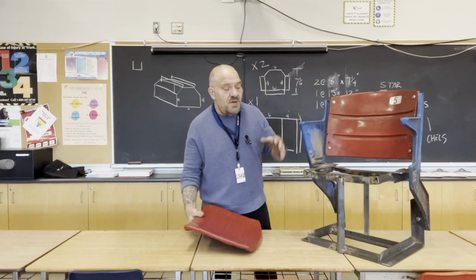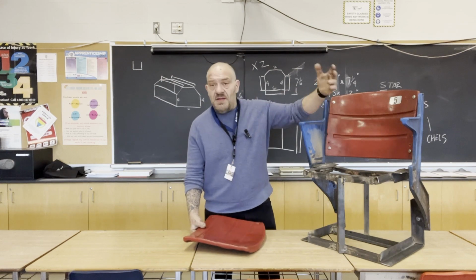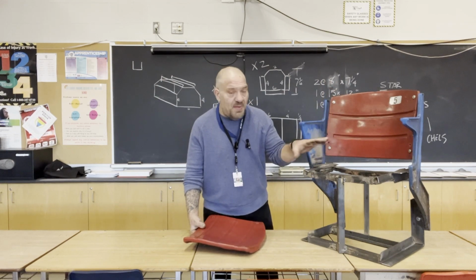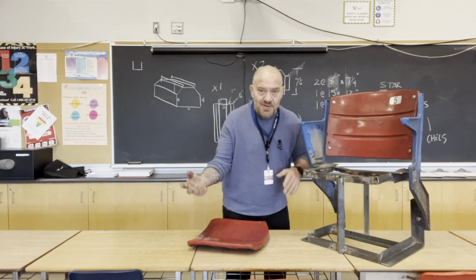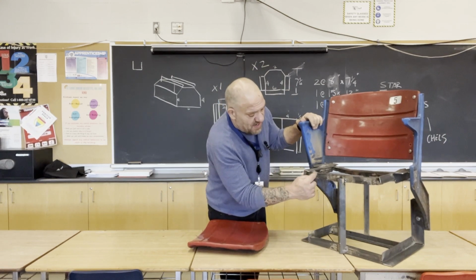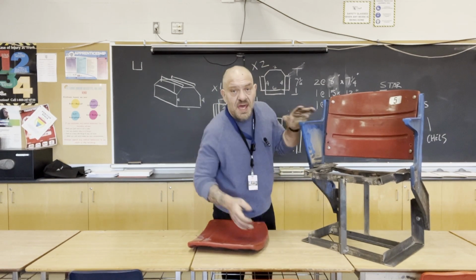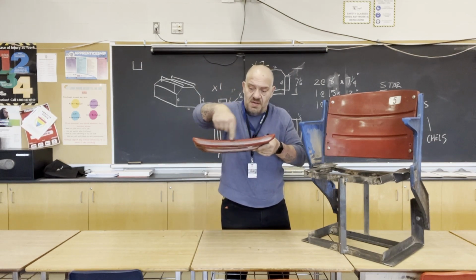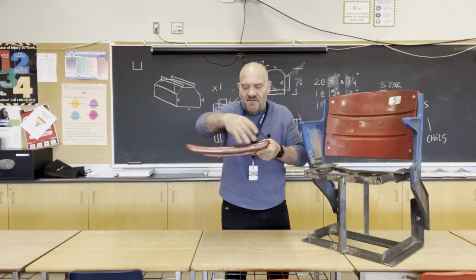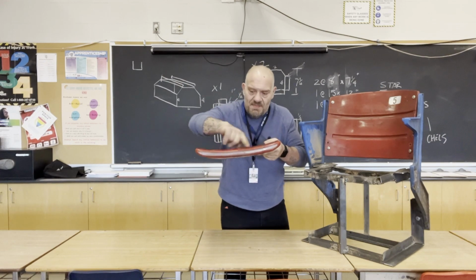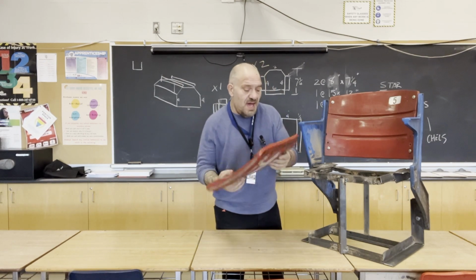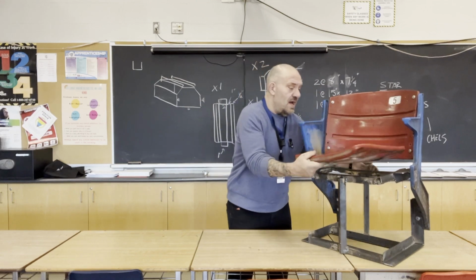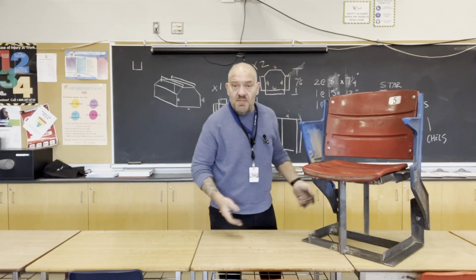So what I had to do was some layout and fabricate a base. You can't really see it in the camera, I'm sure, but I had to cut the angle iron in several spots and bend it to match the shape, the bend, on the seat itself. And then once that was completed, I was able to apply the seat.